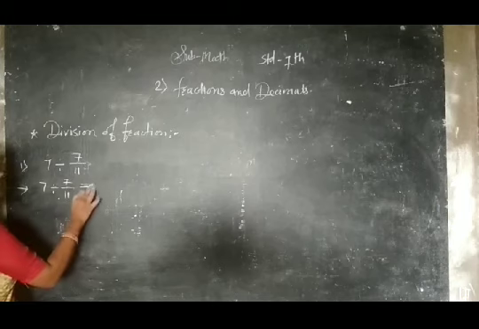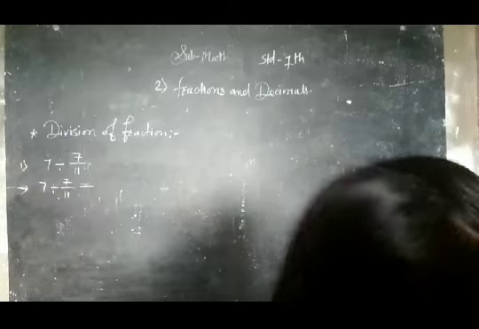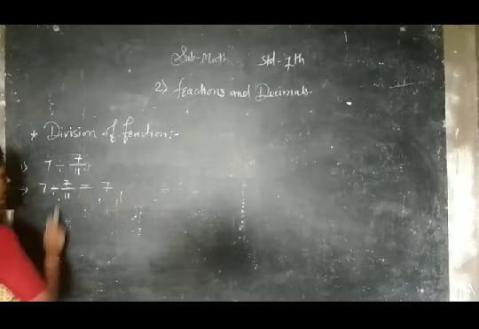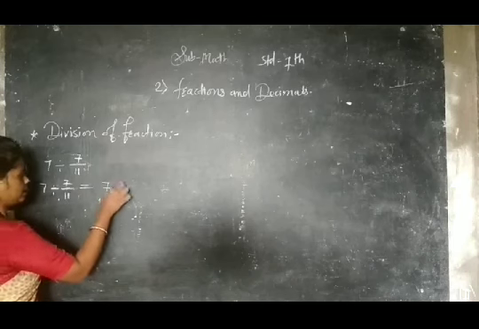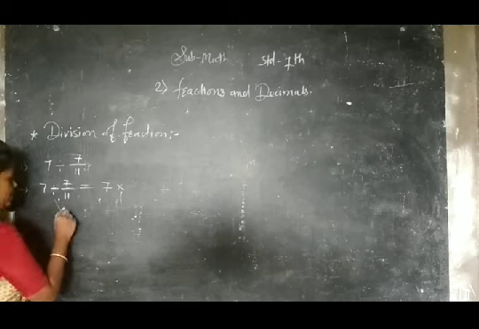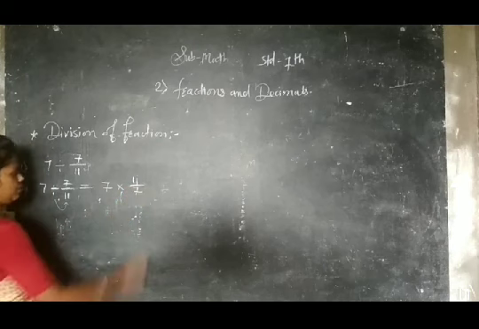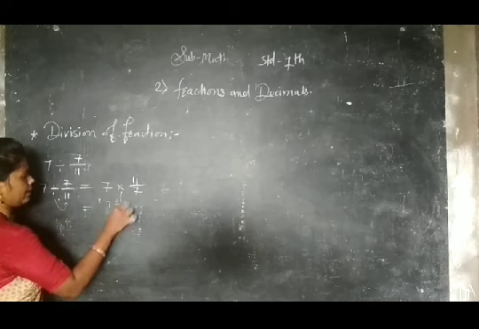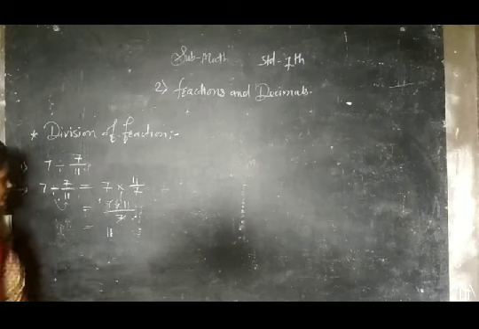Whenever you are doing the division of two fractions, write down the first fraction as it is, and now you have to change one thing: the division sign is going to be changed to a multiplication, and at the same time you have to write down the reciprocal of the second fraction, and the reciprocal of 7/11 is 11/7. So it's 7 multiplied by 11/7. You can cancel the 7, so the answer is 11.